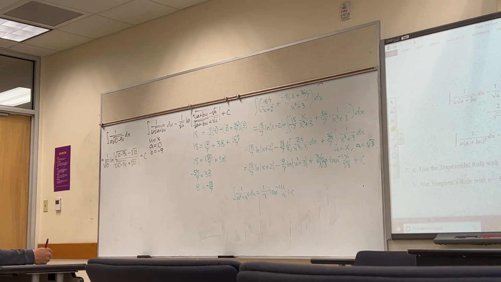All right, any other questions on that? Oh, can you go over number 7, just like the trapezoidal rule? All right.